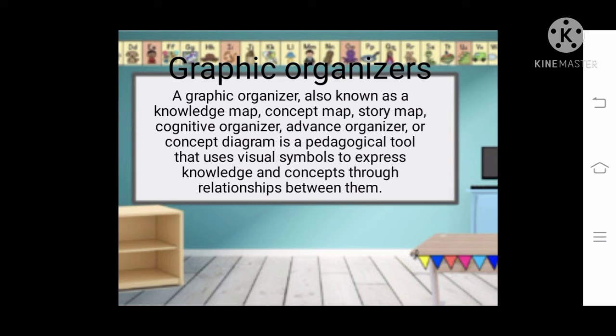Graphic organizers. A graphic organizer, also known as a knowledge map, concept map, story map, cognitive organizer, advanced organizer, or concept diagram, is a pedagogical tool that uses visual symbols to express knowledge and concepts through relations between them.